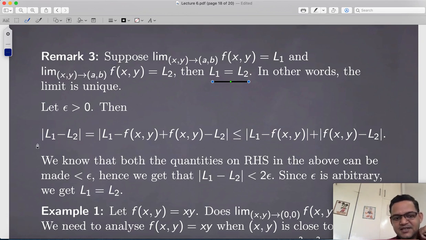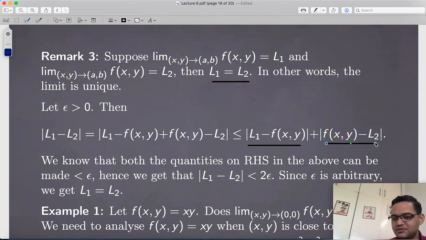You look at the difference, take the modulus, and since the limit involves the difference, you just add and subtract f, and then use the triangle inequality. Now this is the triangle inequality for numbers, correct? Because L1, f(x, y), all these are real numbers. Now I know that this term, because I am assuming that the limit is L1, is becoming very small.